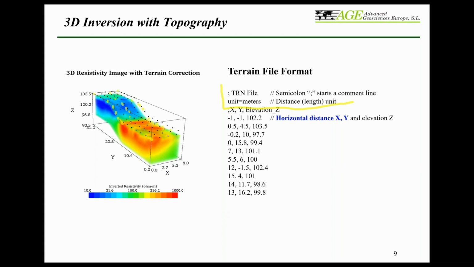As long as you describe your topography, it doesn't matter, so you don't have to get every point. That's for describing the terrain parameters. So get your terrain X coordinate, Y coordinate, and elevation, create this, save it as a TRN file, and then read it later in the process.